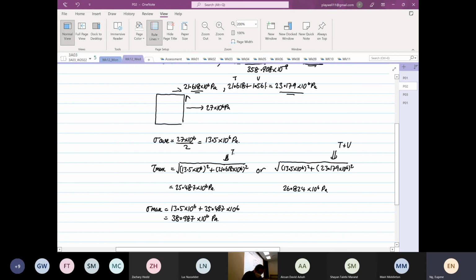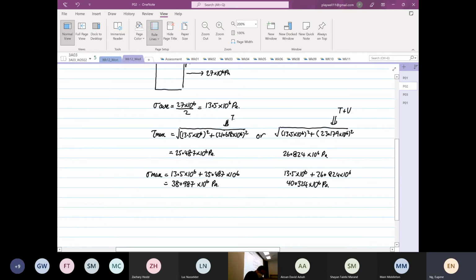And the other one will be equal to 13.5 times 10 to the power 6 plus 26.824 times 10 to the power 6. So it's equal to 40.324 times 10 to the power 6 Pascal.